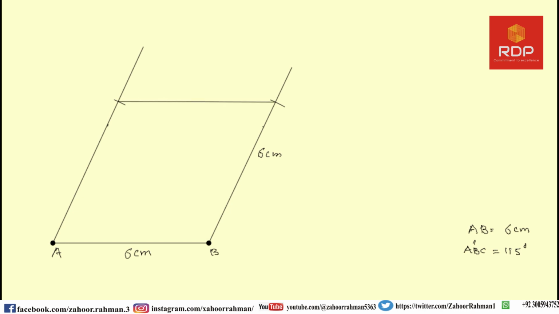And that will be a rhombus in which all the sides are equal. This is 115 degree, this is 6 centimeter, and this is 6.